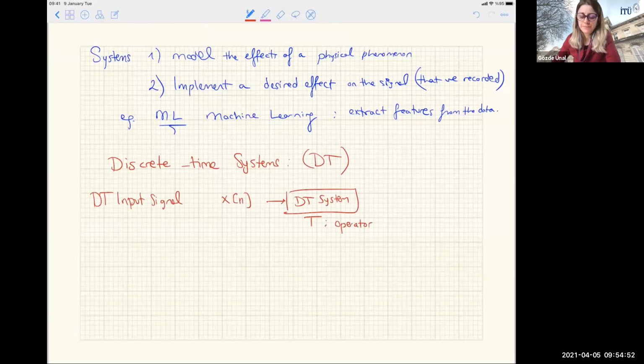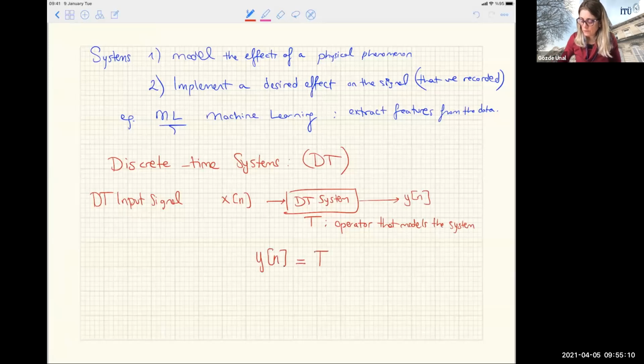There is an algorithm that models the system, and we get y of n as the output. So I know my operator T maps the input x of n to the output y of n.